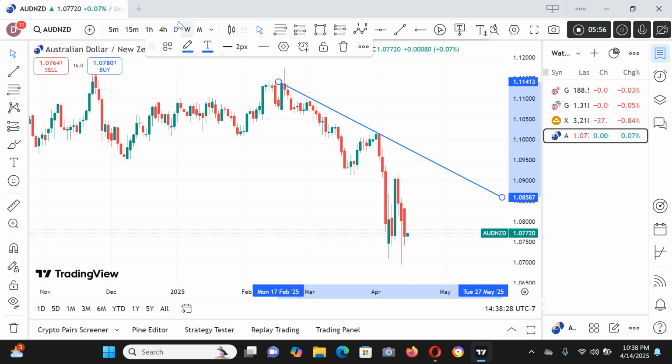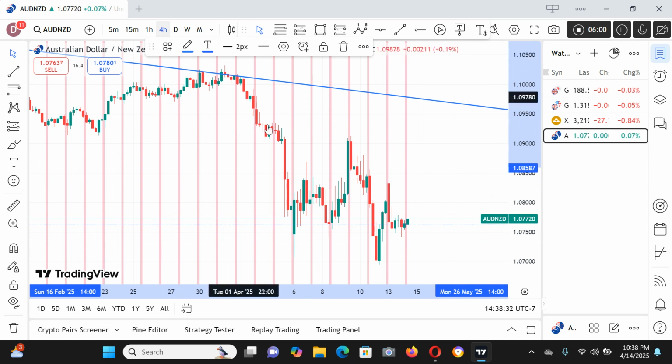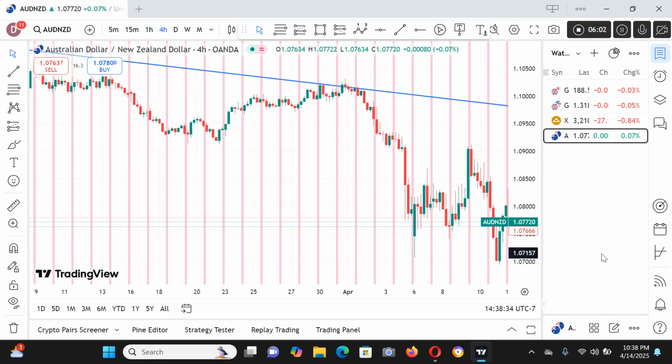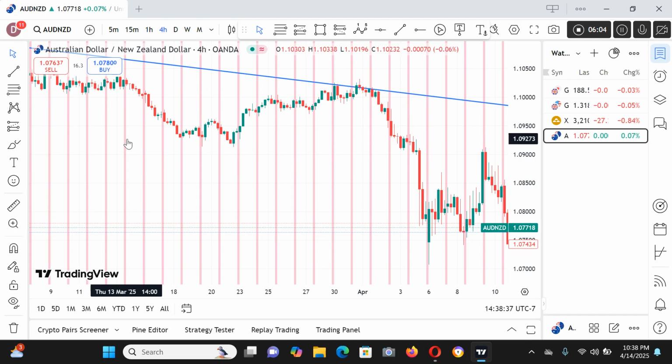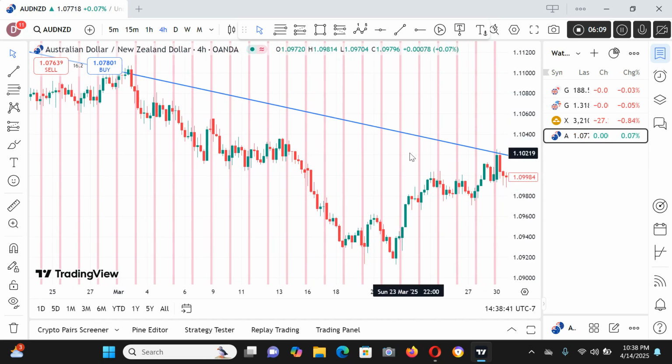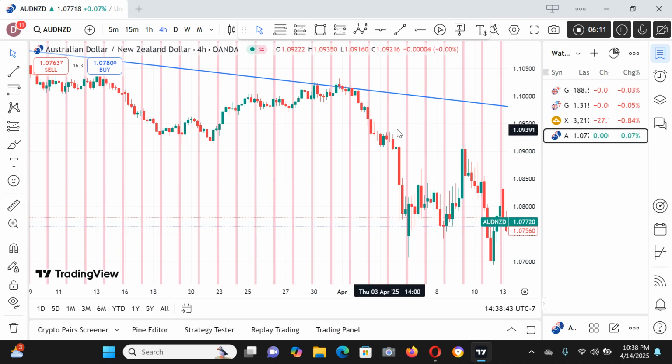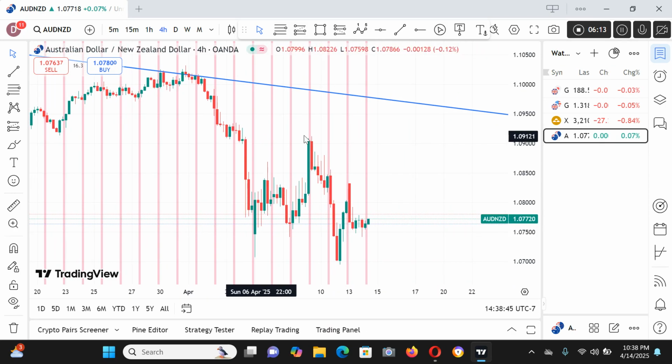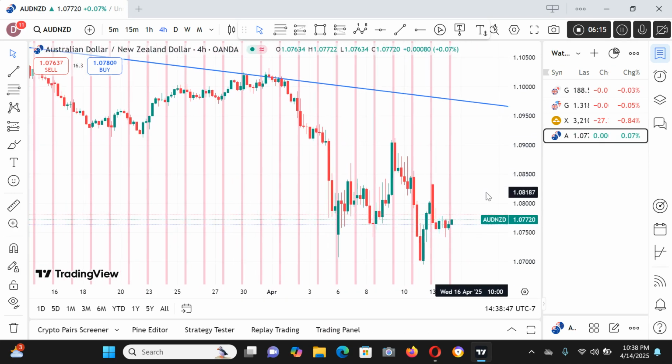So from here we'll go to the 4 hour time frame to see whether the daily time frame is in agreement with the 4 hour time frame. As you can see, it is actually in agreement with the 4 hour time frame. So we draw our trend line by looking at this position where the trend line drawn from the daily time frame has touched.